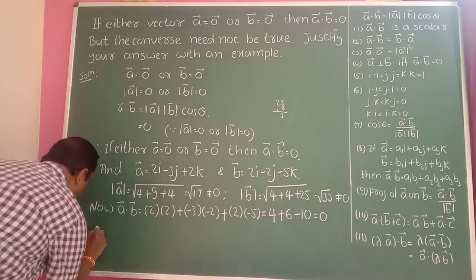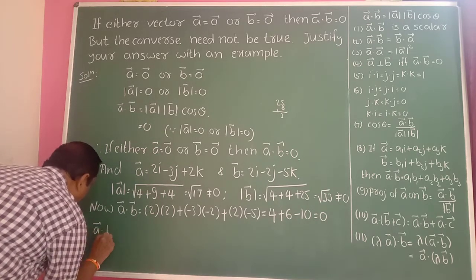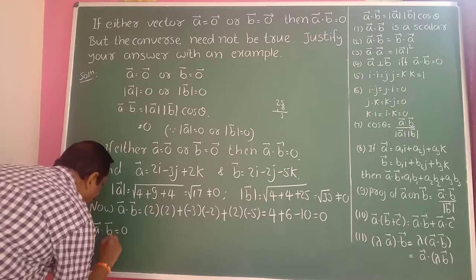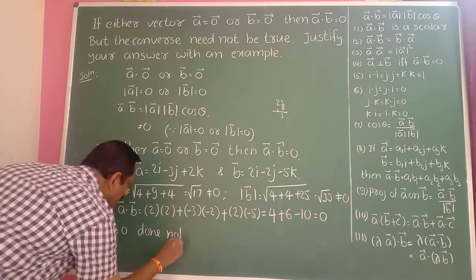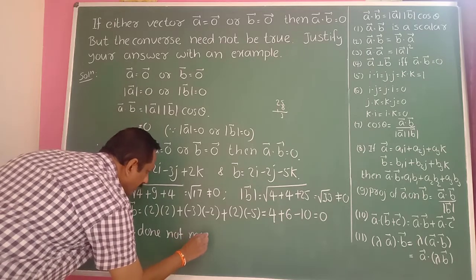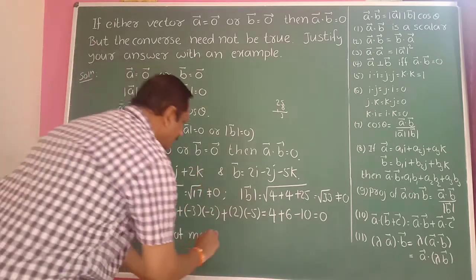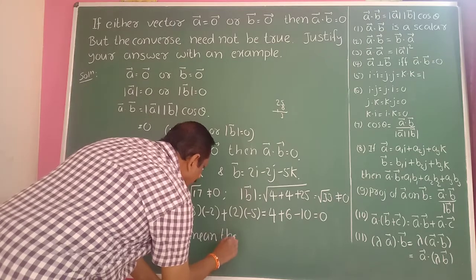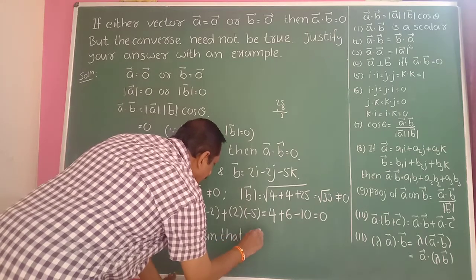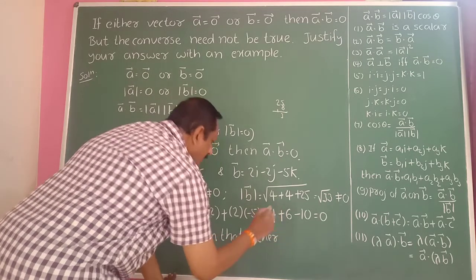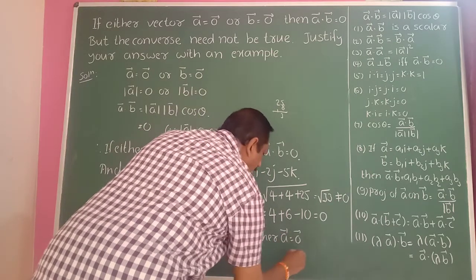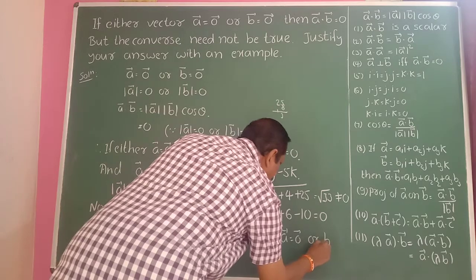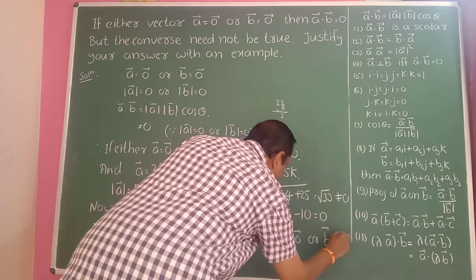Therefore, a bar dot b bar equal to 0 does not mean that either a bar is a null vector or b bar is a null vector.